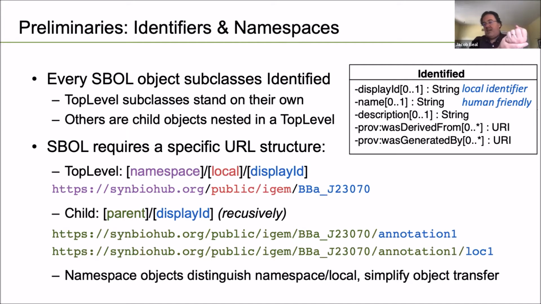And it will give me a copy of BBA J23070 if I ask for that URI, which has that object and all of its child objects. So BBA J23070, that's our sort of file name that we're looking for. That's why that's the display ID. Synbiohub.org, that's my starting point for where I'm going to go to look and ask for this file. And in between is everything else in the URL that wasn't part of the namespace or the display ID.